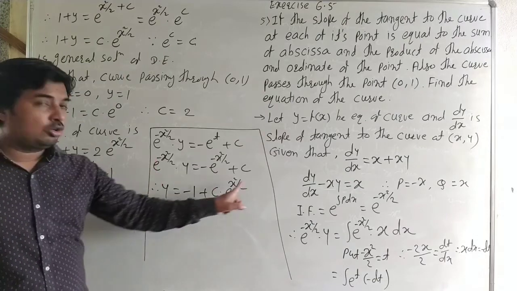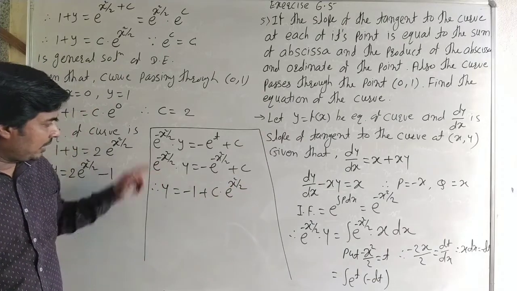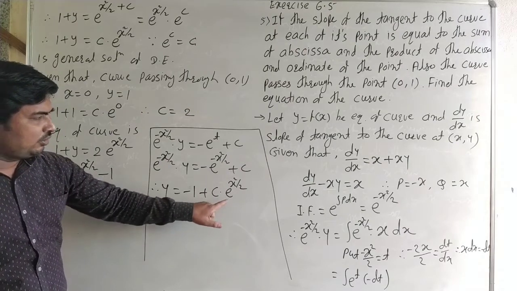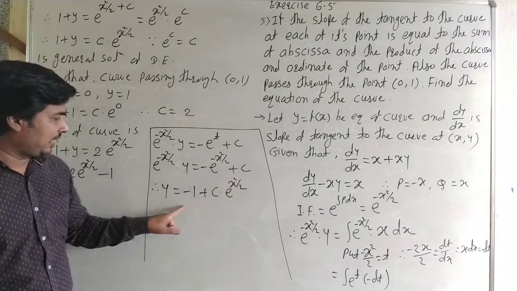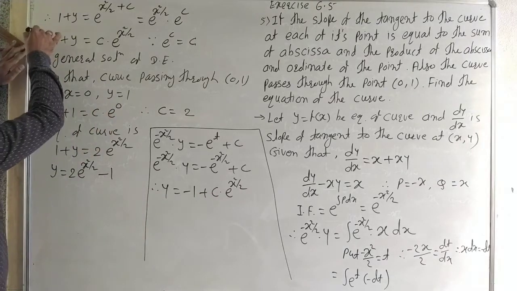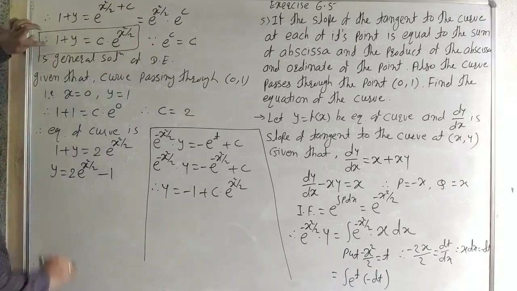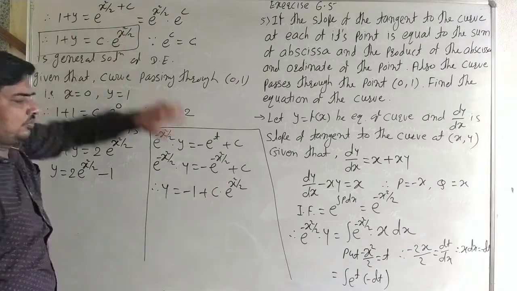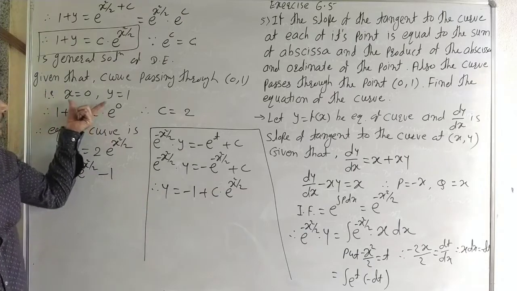Here is the general solution, which can also be written as 1 plus y is equal to c into e to the power x square by 2, and from the general solution we find the particular solution.